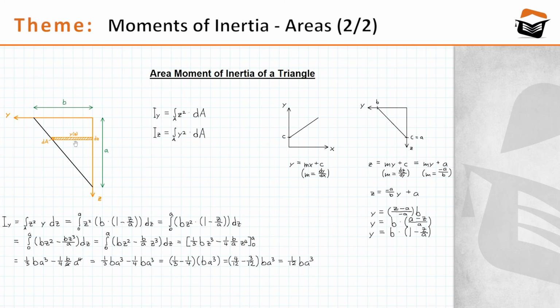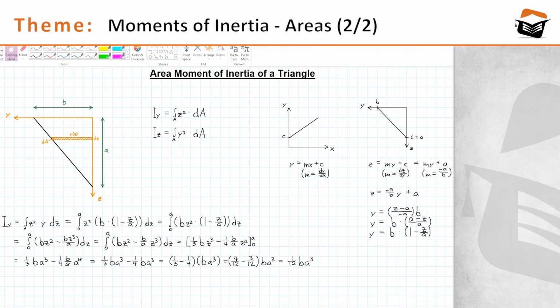The coordinate system has its origin at the centroid. So, as I said before, pay attention to the underlying origin of the coordinate system of the value that you're looking up in the table.